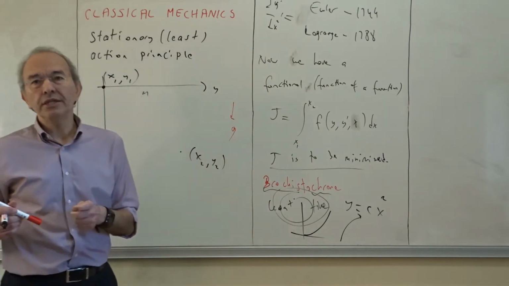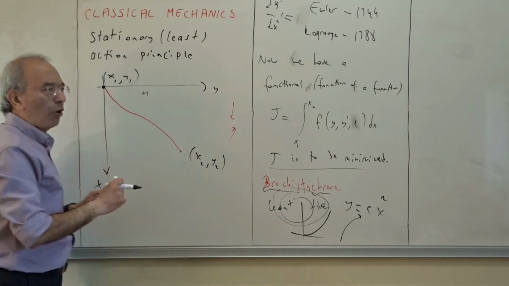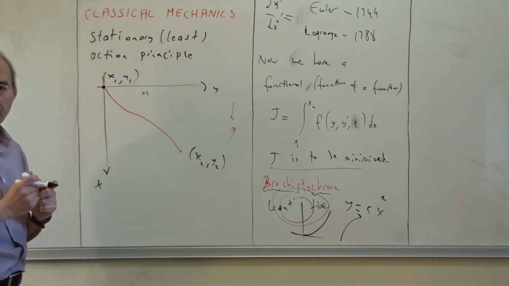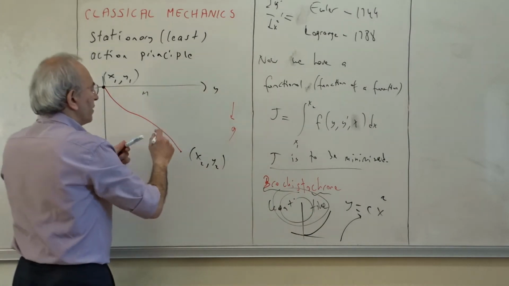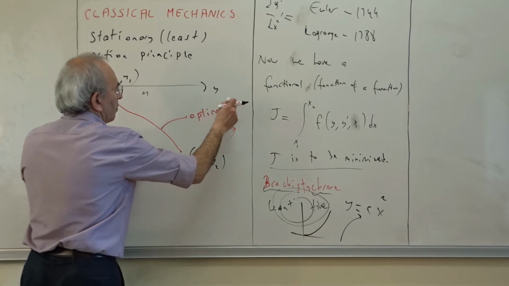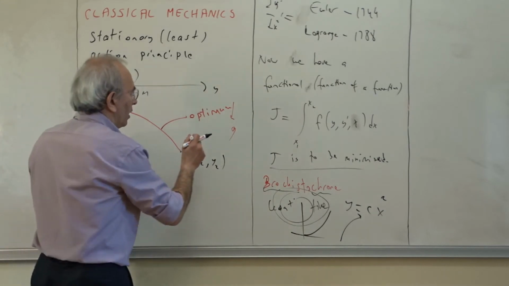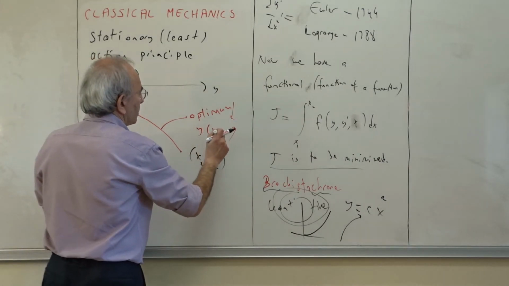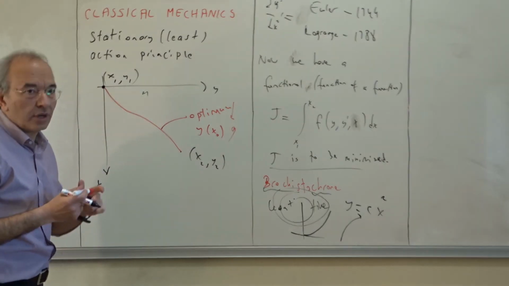There is one possibility. Let's say this is the optimal one. It is not a line as I try to draw. It's a curve. This is the optimal curve, optimal function. And it is, let's say, y of x, a certain x0, for instance, or a certain function.